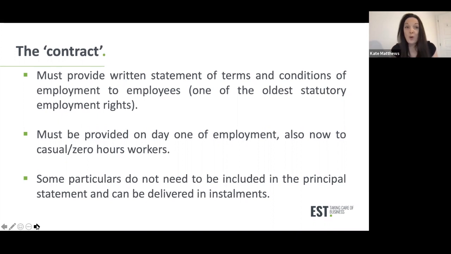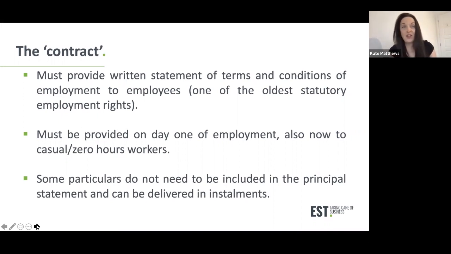And although today's session is focusing on employees, I should just note that when they changed the law to make it a day one right, they also introduced it as a right for workers, for 0-hour workers and casual workers. So you need to make sure that there's also a written agreement in place for that category of worker as well.